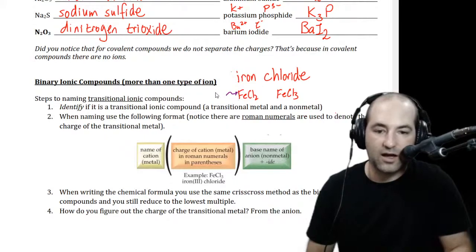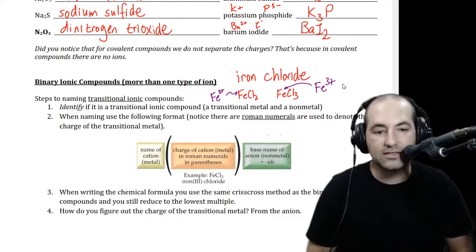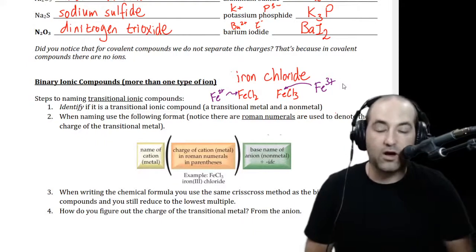There's the iron ion on the left, which is Fe2+, and then there's this one over here, which is Fe3+. Both of those ions exist. So to just call a compound iron chloride isn't specific enough. It doesn't tell us which compound we're talking about.